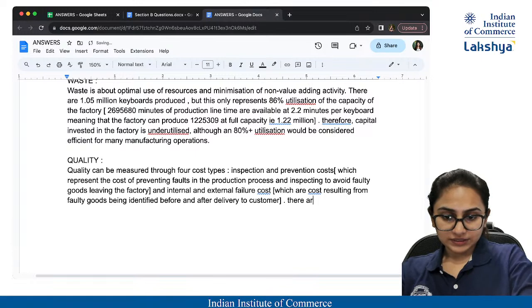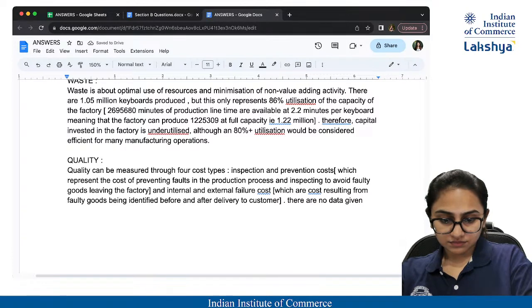There are no data given on the cost of inspection and prevention.